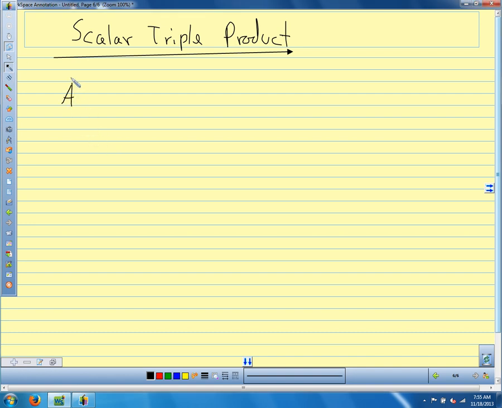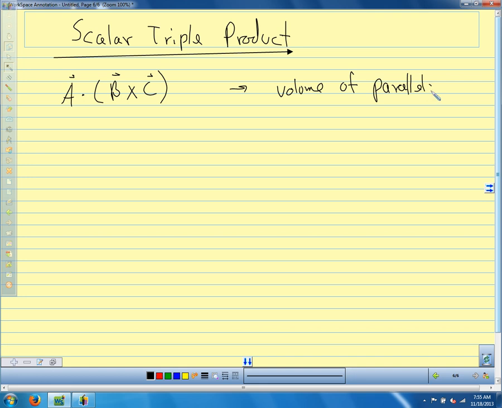Our scalar triple product was A dot B cross C. So this was the volume of a little slanted box shape, and these three vectors, A, B, and C, are the adjacent sides.